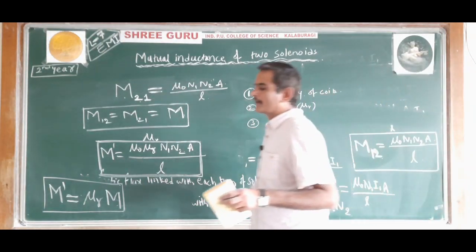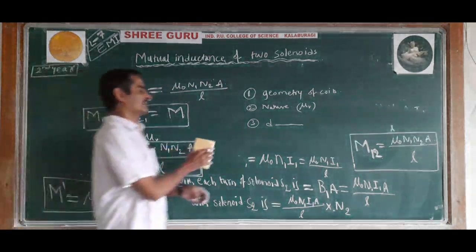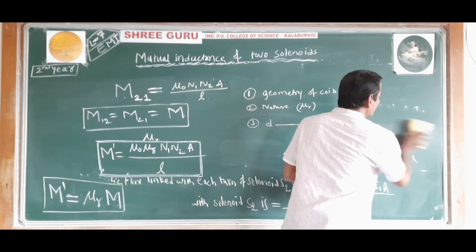How the two coils are placed also matters. So the mutual inductance is different if they are placed in a different orientation.